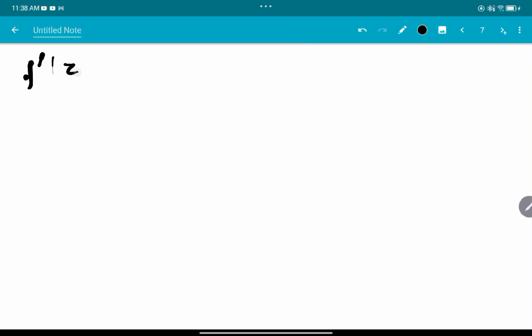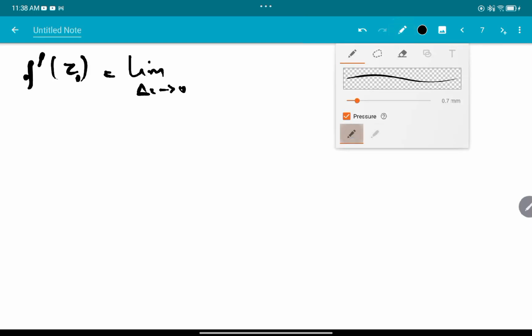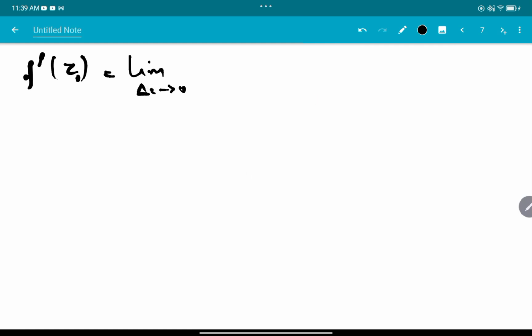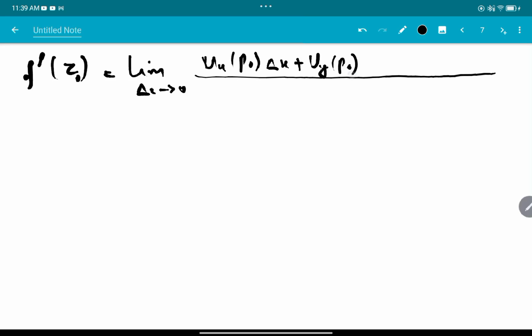f dash z0 is equal to limit delta z tends to 0, and I have then this long list: ux at z0 delta x plus uy at z0 delta y.